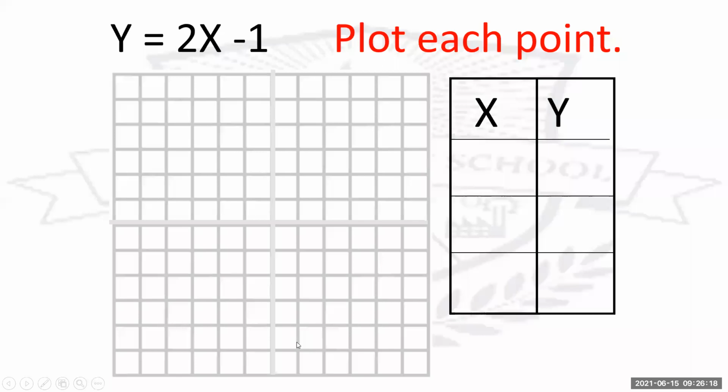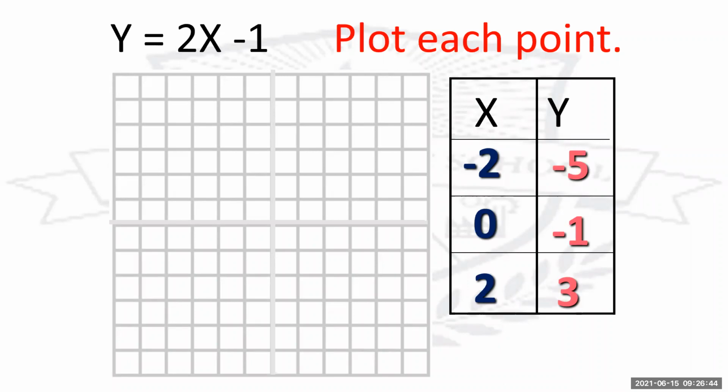Now to plot these points on the graph. So check the first set of points. What is the first set of points? The first set of points is -2 comma -5.